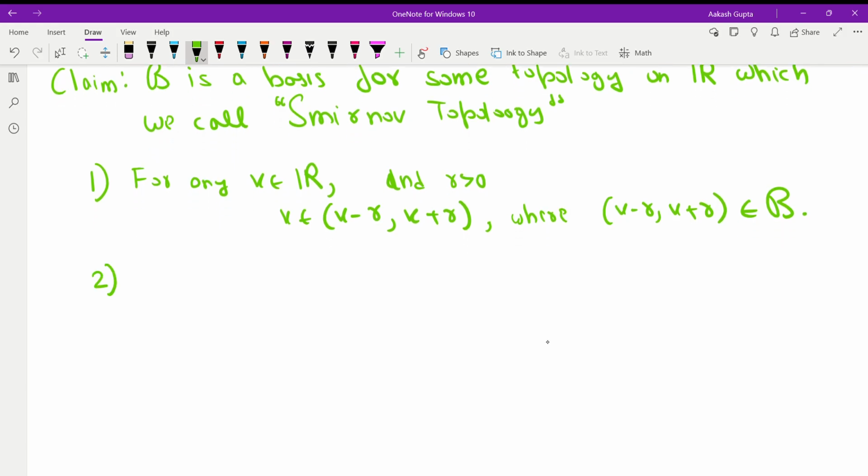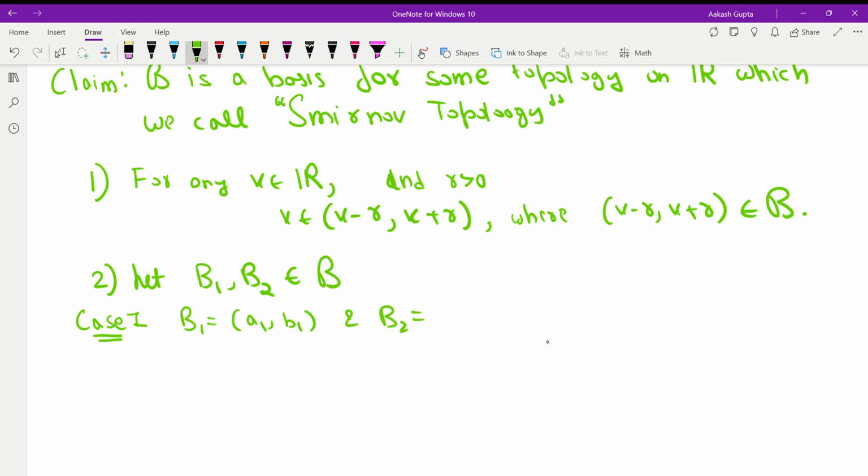Now second, let B1, B2 belong to script B. Now there would naturally be cases. Case 1: both are open intervals, so B1 is some (a1, b1) and B2 is some (a2, b2). Now, guys, what is the second property? For every point in the intersection, we have to produce something, right?